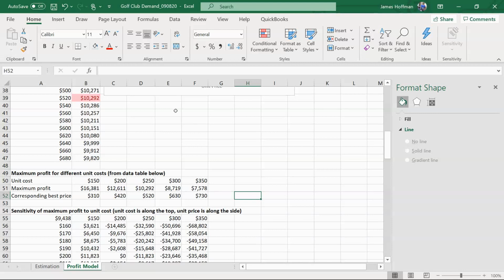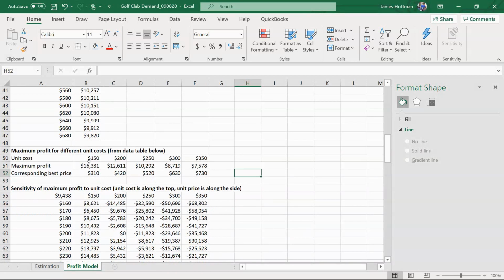Okay, so hopefully we found the maximum profits associated with each unit cost, and these are the prices we should charge.